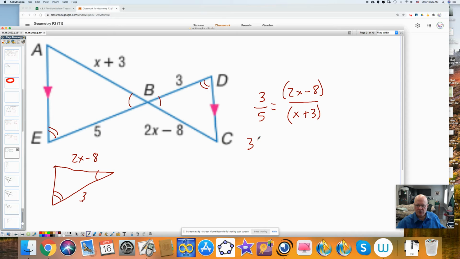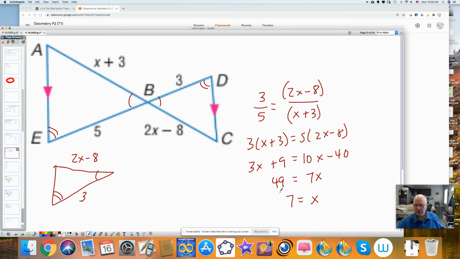So I get 3 times x plus 3 is equal to 5 times 2x minus 8. Now I'll distribute. 3x plus 9 is equal to 10x minus 40. And when I subtract 3x from both sides, I get 7x. And I add 40 to both sides, I get 49. And I'll divide both sides by 7 to get x is equal to 7. Nice number.